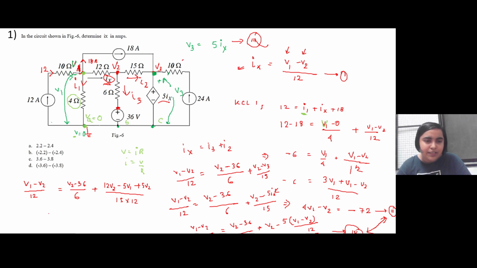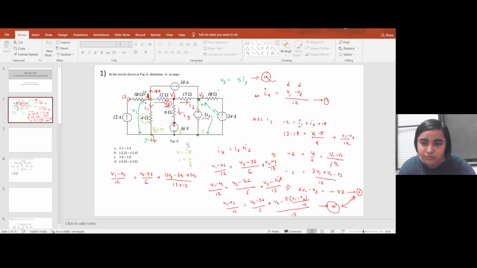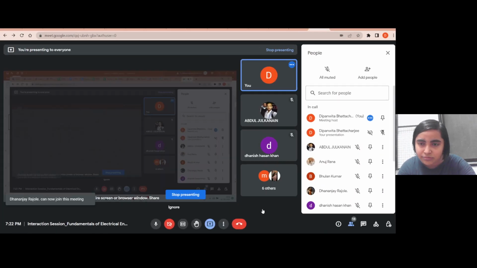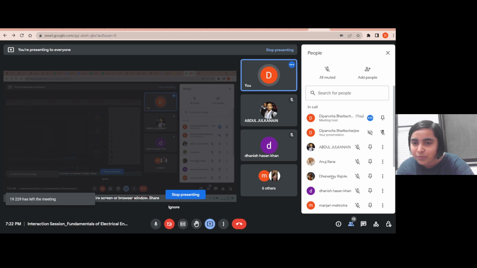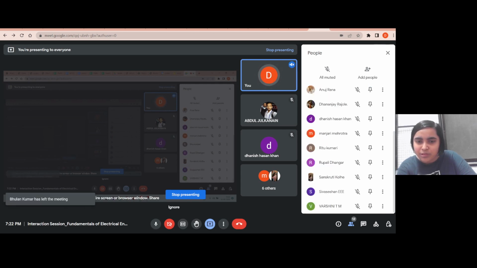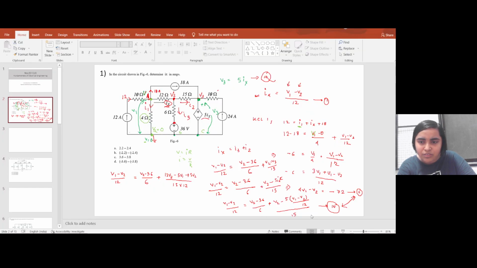Can anyone tell me the simplified equation out of this? Anyone apart from the person who was responding? Anyone else? Are you able to do it, or do you have any problems? You can let me know now.